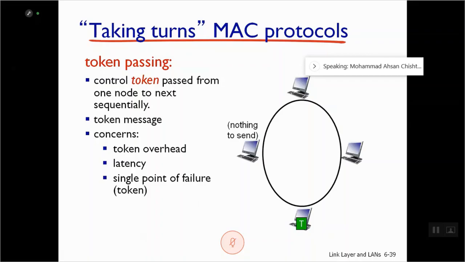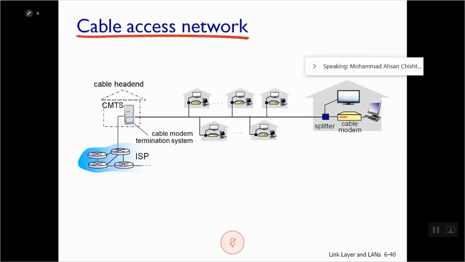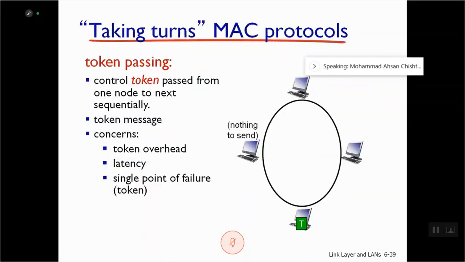After completing the transmission of data, it passes on the token to the next one, and so on. And it's not that if this PC has the token, it will continuously keep on transmitting the data. No, it will transmit only for a specific amount of time that has been given to it as per the protocol.